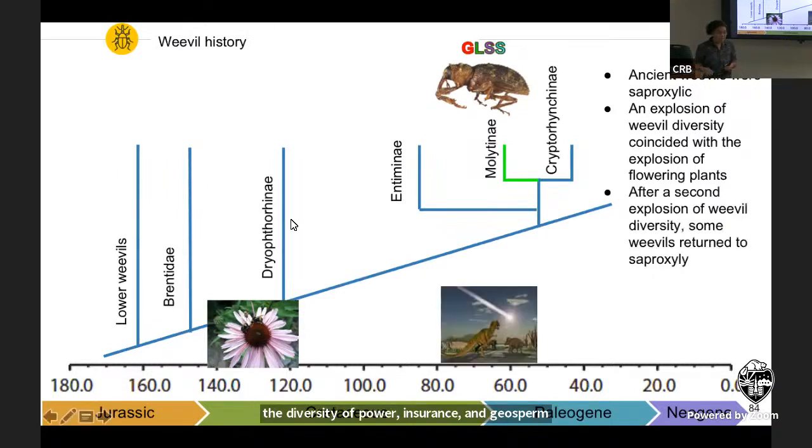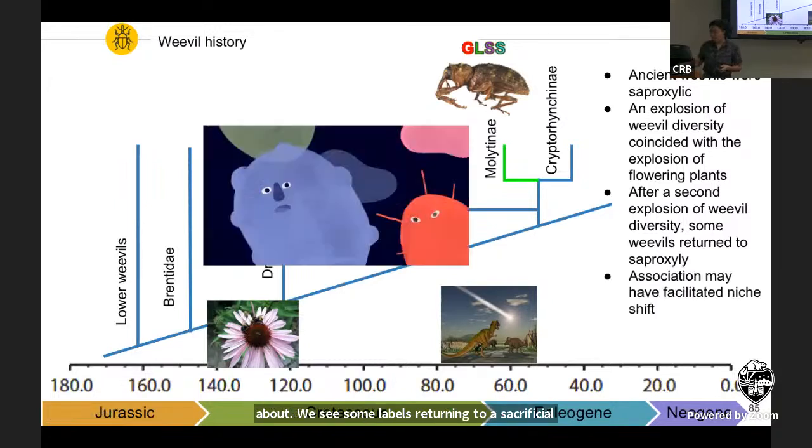And there was another explosion of weevil diversity following a mass extinction event. And so in between, with this explosion of flowering plants, we have an explosion of diversity of weevils occupying a new niche space, the flowering plant area. Then following this mass extinction event, we see some weevils returning to a saproxylic environment, eating dead and dying wood.